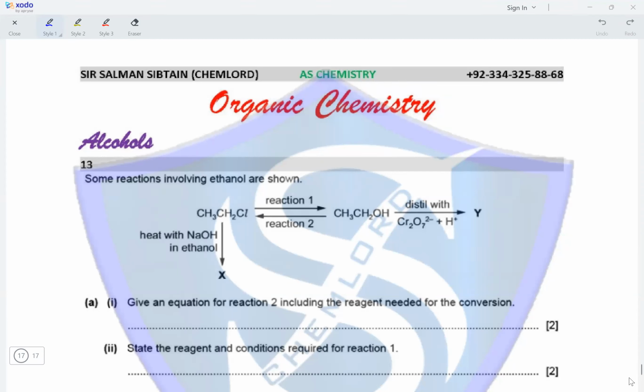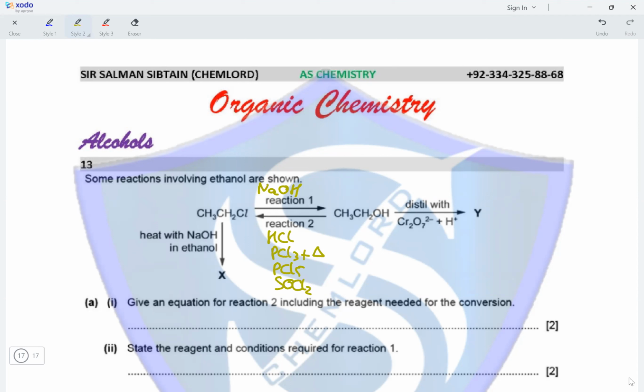Question 13. Some reactions involving ethanol are shown. So ethanol is formed from reaction 1, in which we have chloroethane converting into ethanol. So this would be a reaction in which the halogenoalkane reacts with NaOH only, and the alcohol converting back into the chloroethane would be either reaction with HCl, or PCl3 plus heat, or PCl5 or SOCl2.